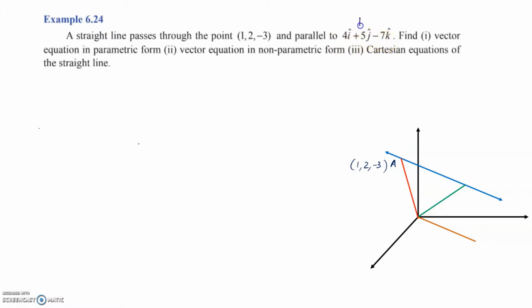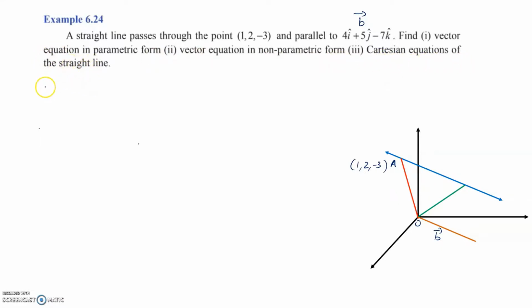So this will be my vector B. This is origin. Find the vector equation in parametric form, vector equation in non-parametric form, and Cartesian equations of the straight line.